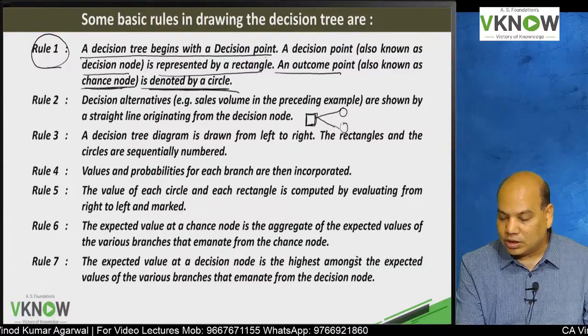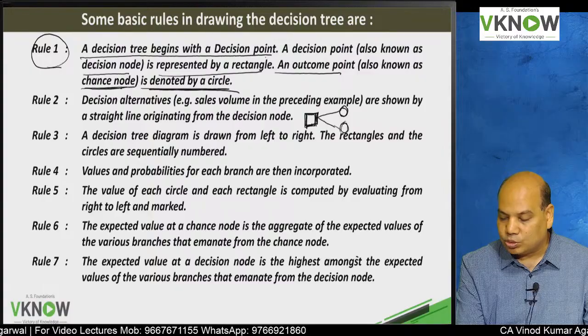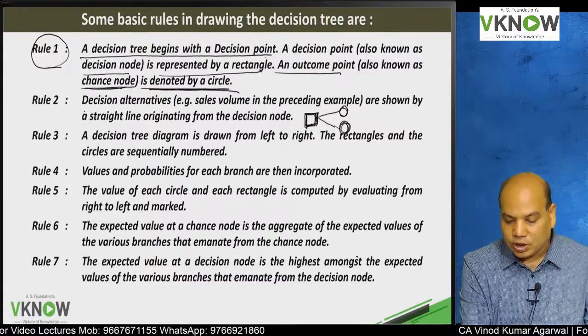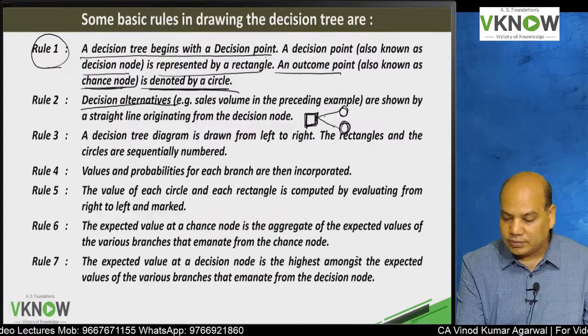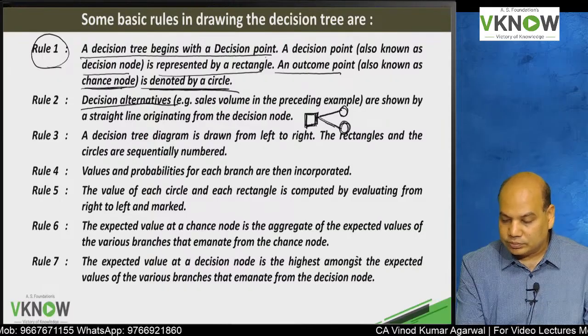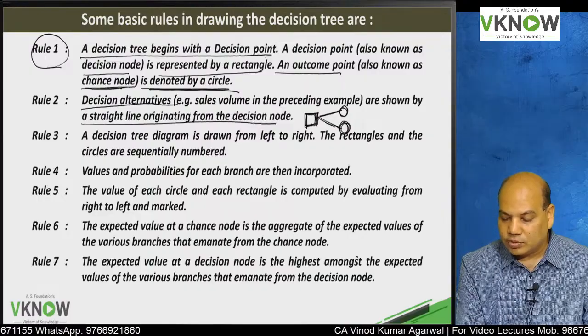So by looking at the diagram, one can understand that these points are decision points, these points are outcome or chance or consequence point. Then you will write rule 2, decision alternative. Decision alternative to do CA, to do MBA, are shown by a straight line originating from the decision node.